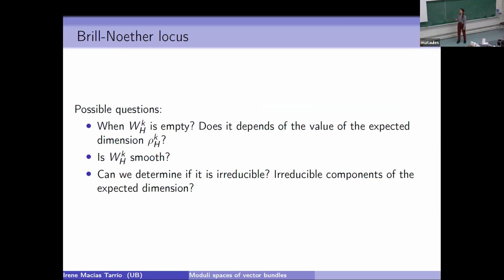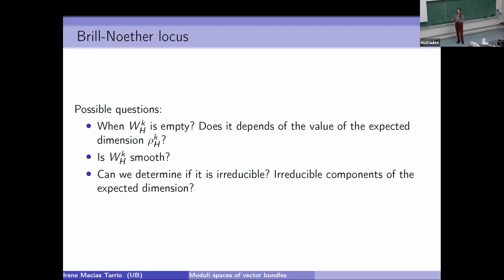We can also study the smoothness of this Brill-Noether locus, which will give us information about the smoothness of the moduli space, and the same about irreducibility, where we look for irreducible components of the expected dimension.